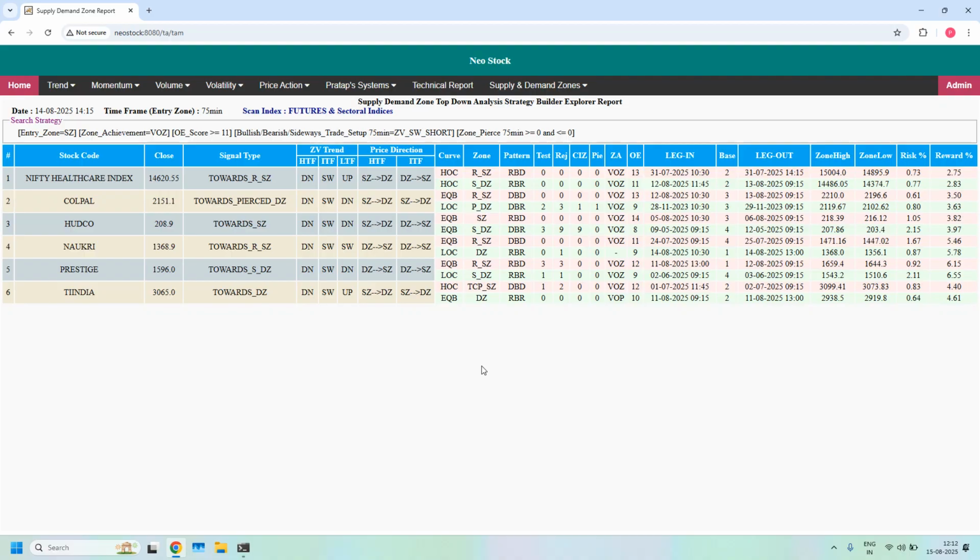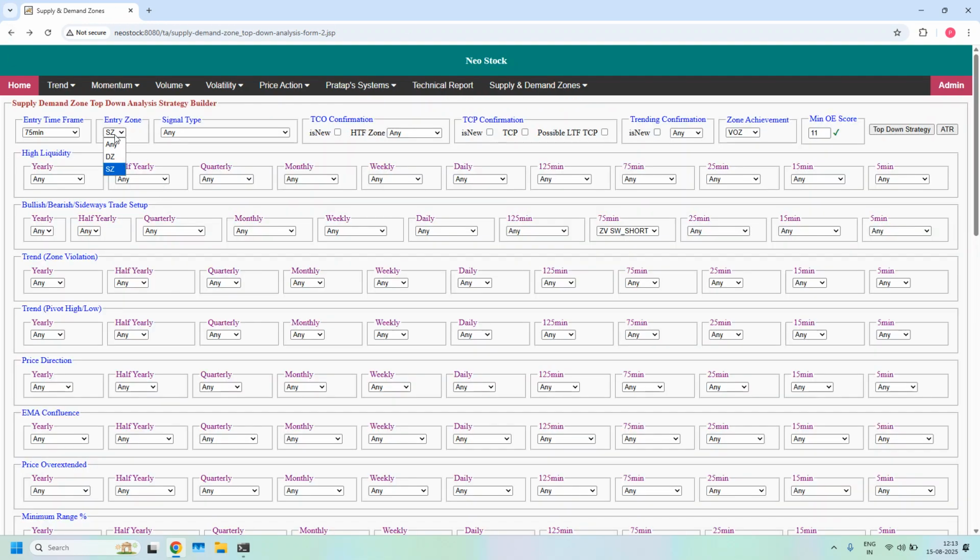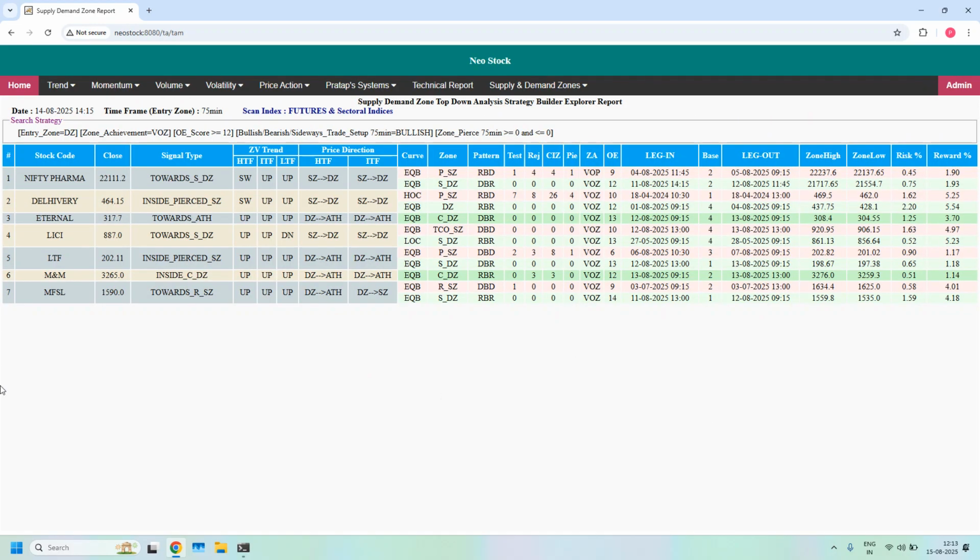Okay. Next, bullish trade setup for weekly income trade. The changes are 75 minutes demand zone, here bullish, and minimum odd enhancer score should be 12. We got 7 stocks supporting bullish trade setup for weekly income trade, and entry time frame zones are 75 minutes demand zone.